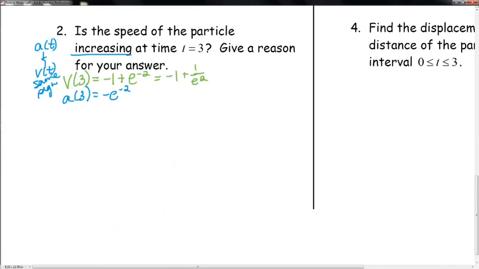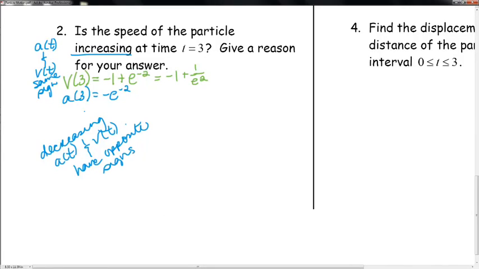If it is decreasing, that means my acceleration and my velocity have opposite signs. So we talked about this before. So we want to check.